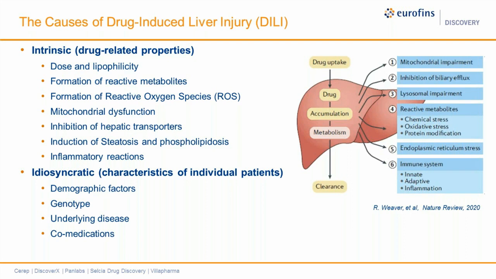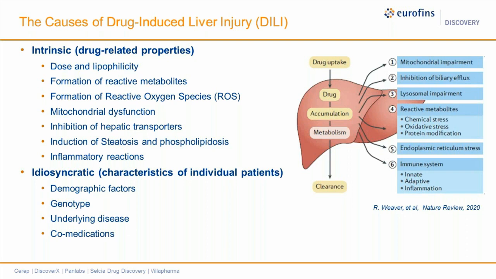Recent research showed that antagonists of the nuclear receptor FXR, which upregulates the expression of those transporters and downregulates bile acid synthesis in hepatocytes, also contributed to DILI risk. Induction of steatosis and phospholipidosis are also related to DILI risk.